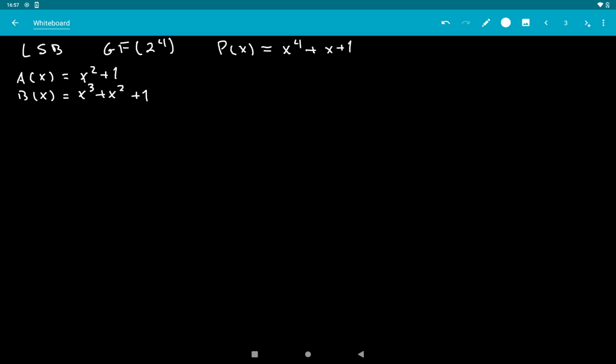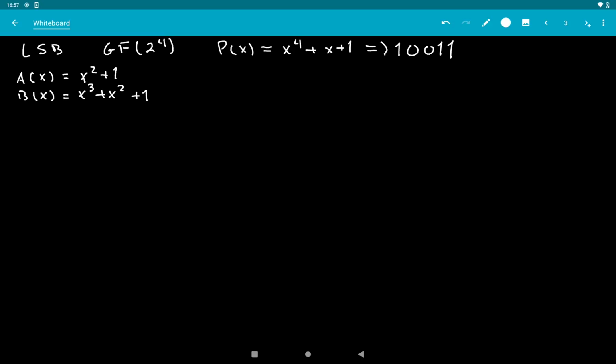So, the first step we want to do is convert all of these into binary. This first one, the primitive polynomial, is going to be a 1 in the x to the 4th place, 0 for x to the 3rd, 0 for x squared, 1 for x to the 1st, and a 1 for x to the 0.